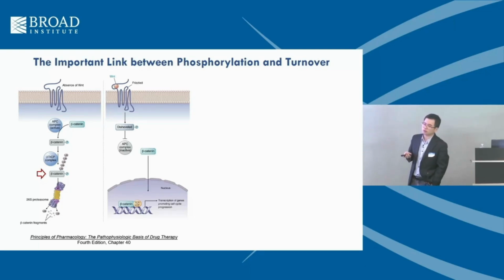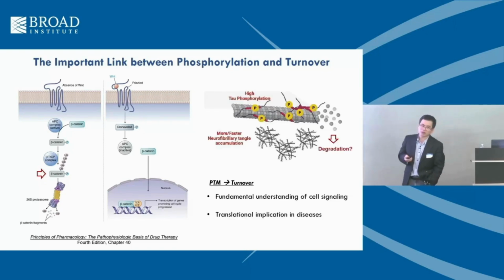In the meantime, as the previous speaker also showed, phosphorylation of some neurodegenerative proteins could really cause the accumulation of these proteins to form tangles or condensates that could also impact effective protein clearance and protein degradation.